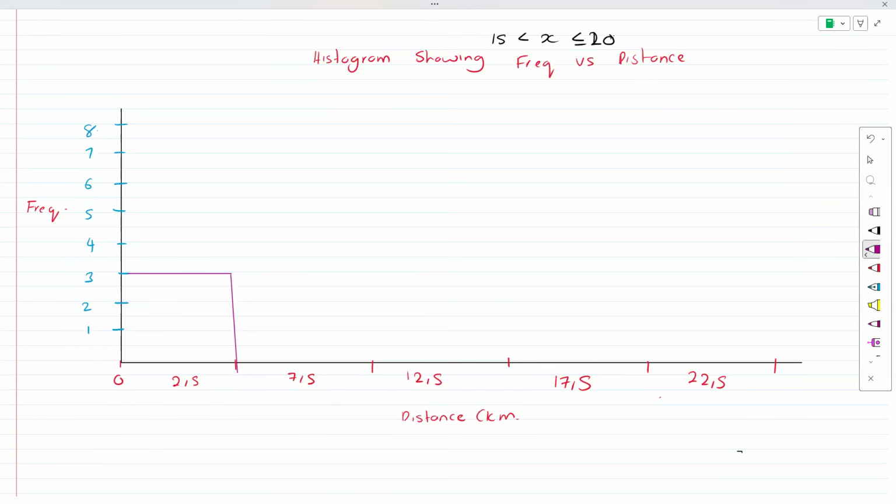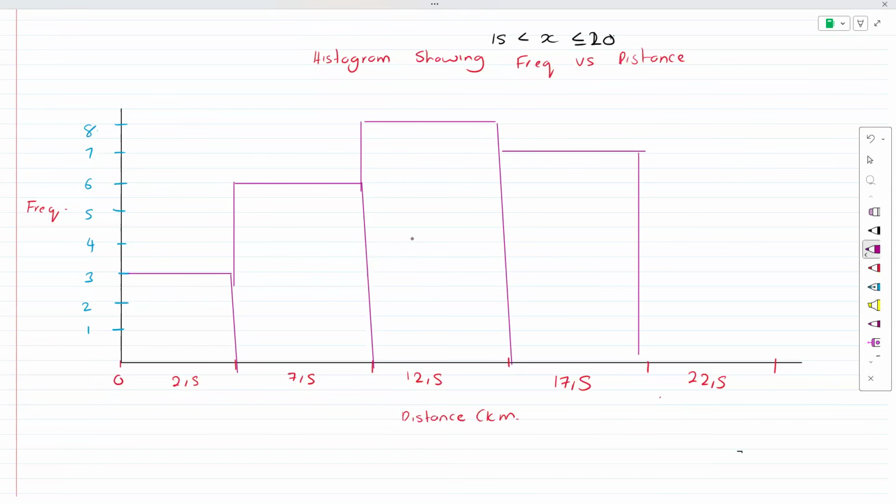My line's not very straight, but yeah. The next one is 6. The next one is 8. Guys, it needs to join on the line properly. The next one is 7. And the last one is 1.